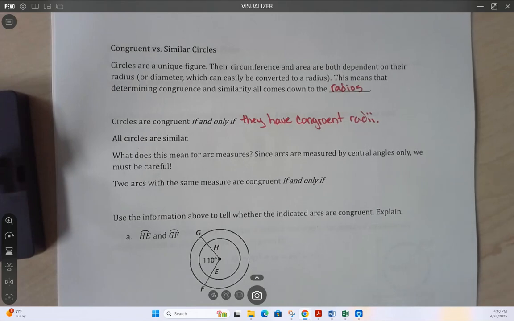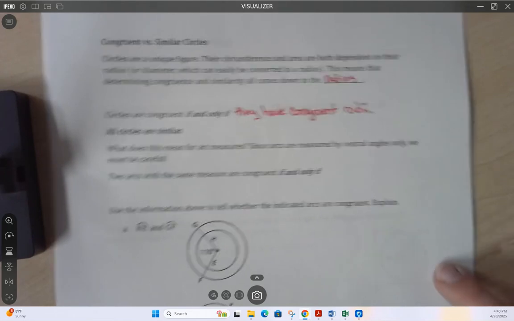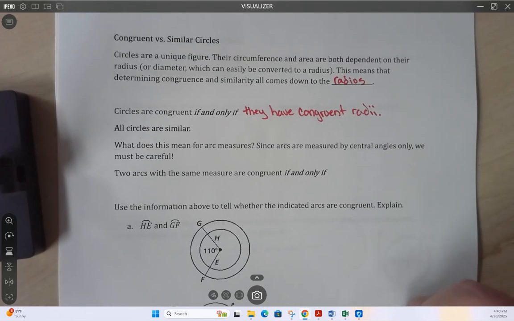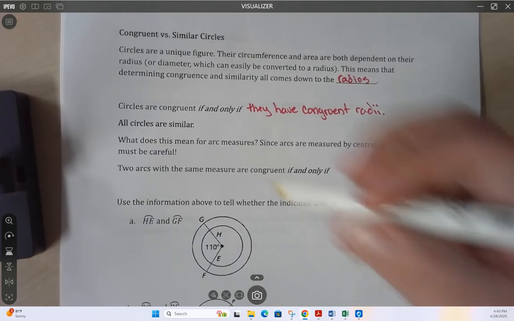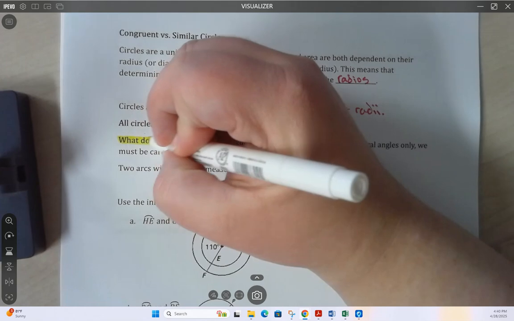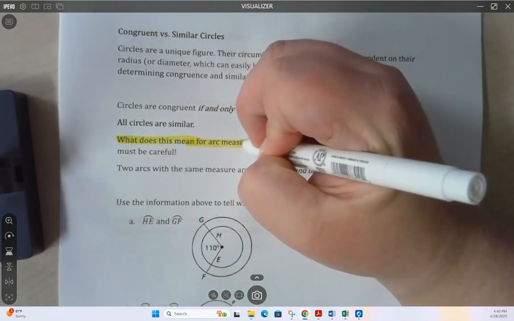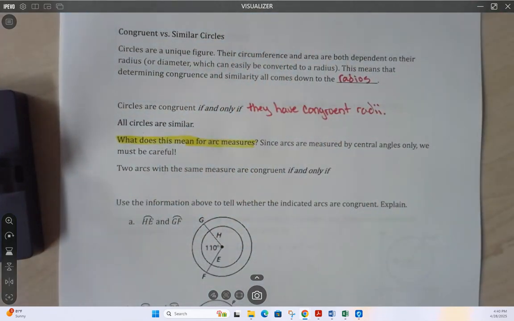Unfortunately, it does add a level of difficulty. Since our arc measures are given by central angles, and those central angles go from 0 to 360, that doesn't change based off of the size of the radius. We do have to pay attention to the radii before we can determine congruence.